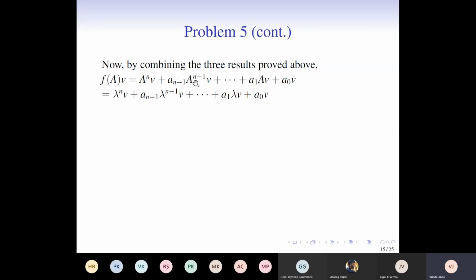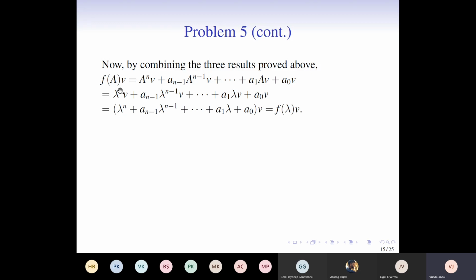So for the A to the n minus 1 matrix, lambda to the n minus 1 would be the eigenvalue corresponding to v by property 1 that we have proved, and using scalar multiplication, property 3 that we have proved, we get this. Similarly for n minus 2, n minus 3, up to 1, and for A to the 0 it just remains the same because there is no A attached here.